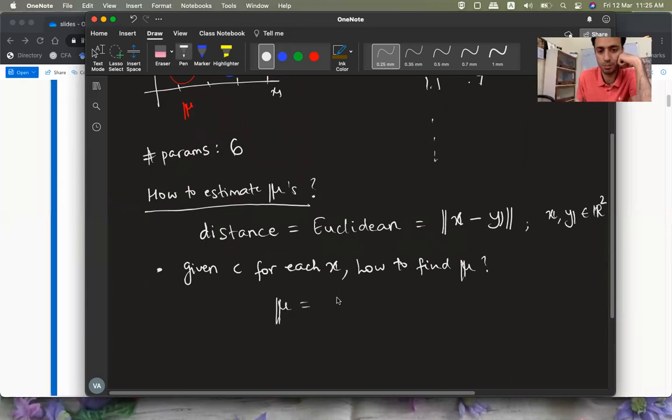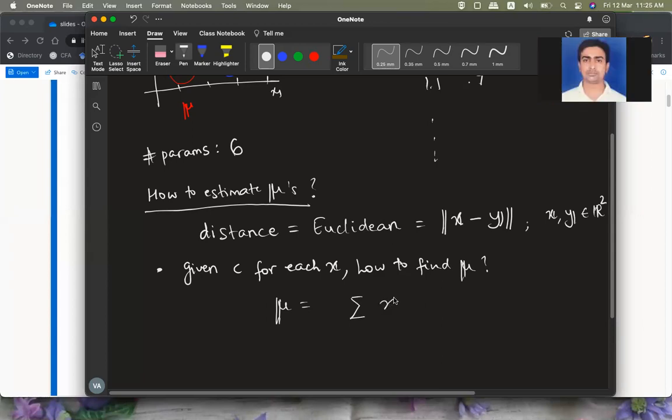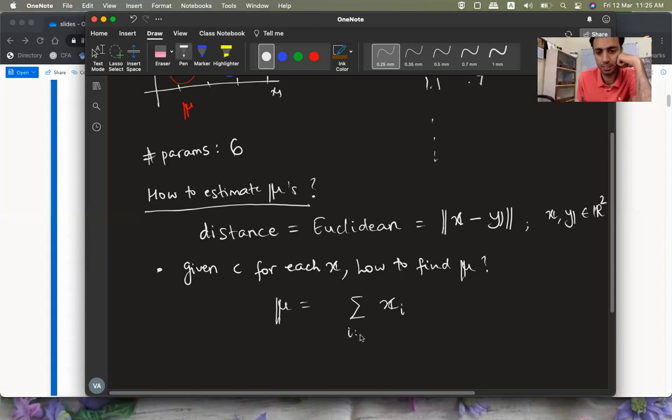So mu is equal to the average: summation for all xi, where i is such that ci is equal to, let's say, c. Means you take all the xi which belong to this particular c, and then you say 1 upon the total number of points.